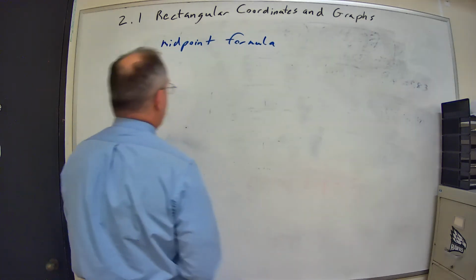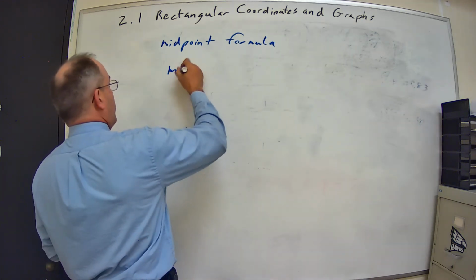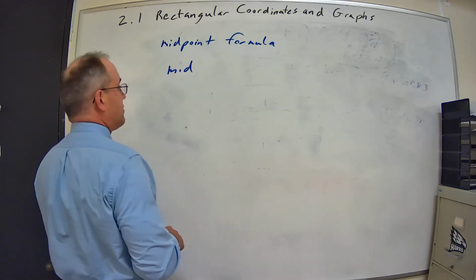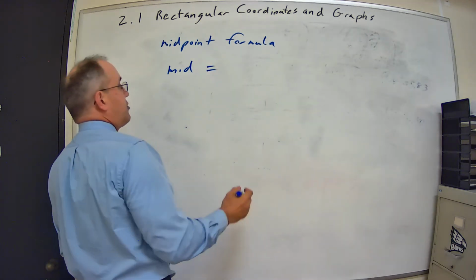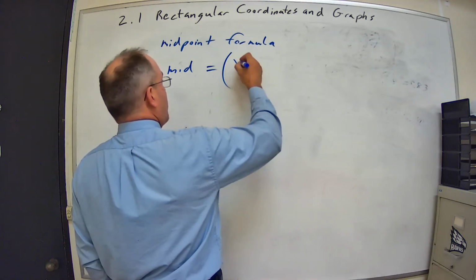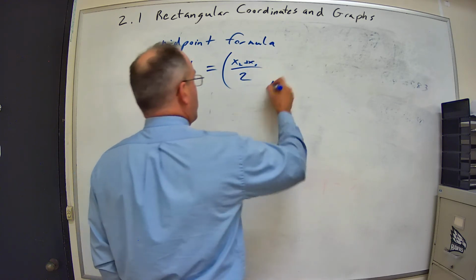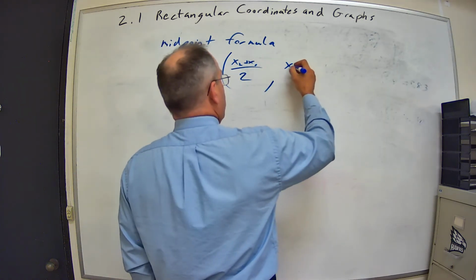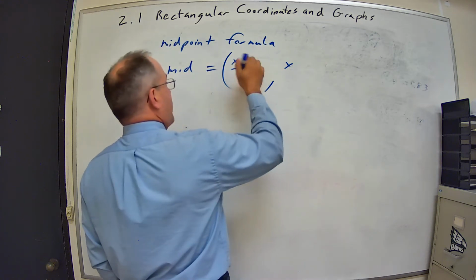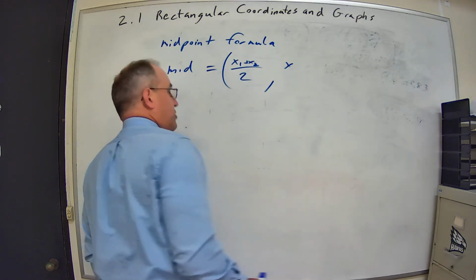The formula that we're going to use, therefore, for the midpoint is just going to be x2 plus x1 over 2. And I could actually do that as x1, x2.